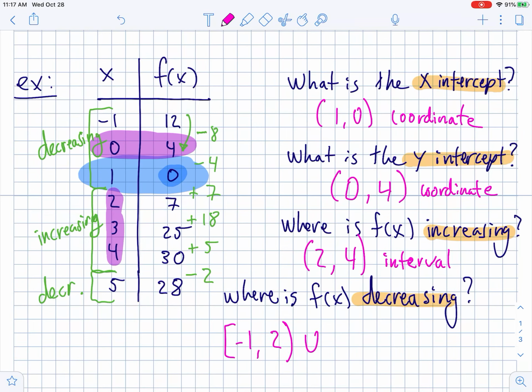Wait, I think we need to include 2 here. That this needs to go all the way up to 2, but doesn't include it because it's a turnaround point, and then it goes all the way up to 4 to 5. There we go. So the endpoints here have those brackets, but the turnaround points in between have those parentheses.